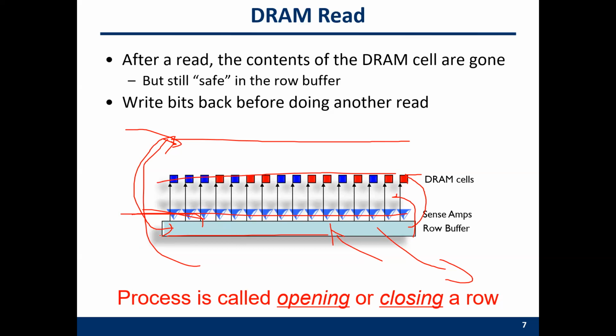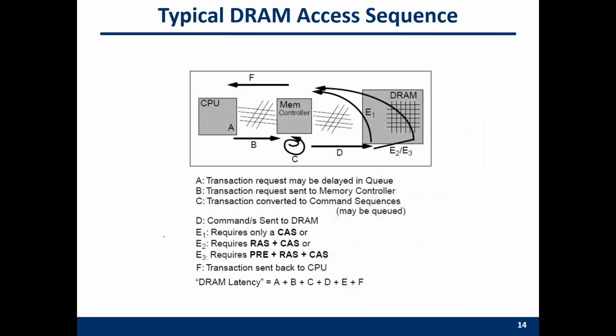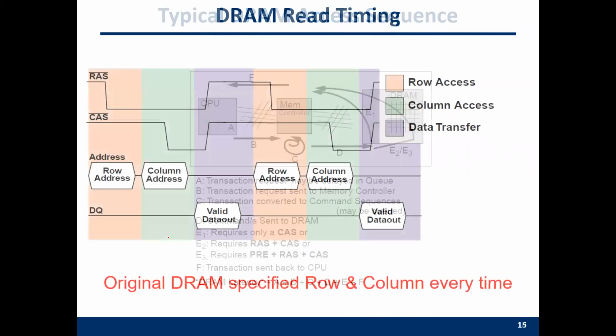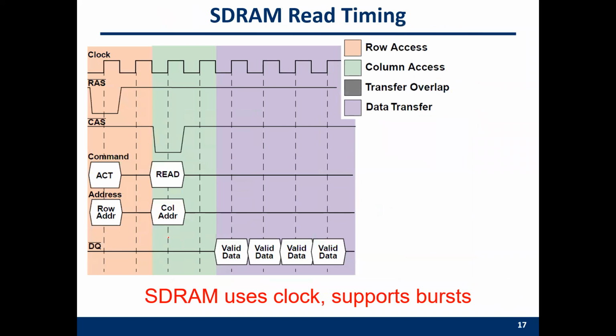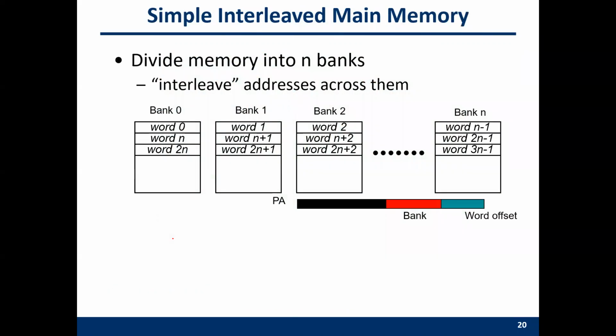You don't have to close the row anymore. This is the so-called closed row policy. Because the opening latency and the closing latency of the row is very long, this policy may have a huge impact on the application performance.